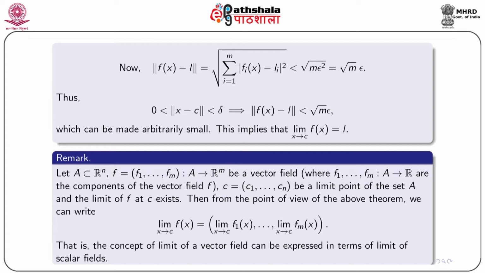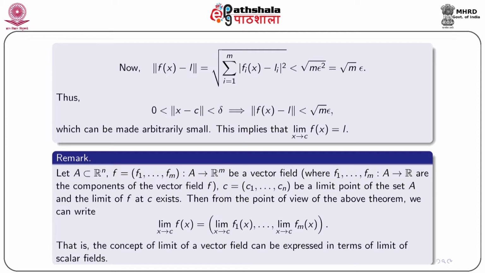One remark here: let A be a subset of R^n, F is a map from A to R^m, where F has components F1, F2, up to Fm. So, F1, F2, up to Fm are scalar fields defined on the same set A. C equals (C1 to Cn) is a limit point of the set A, and the limit of F at the point C exists.